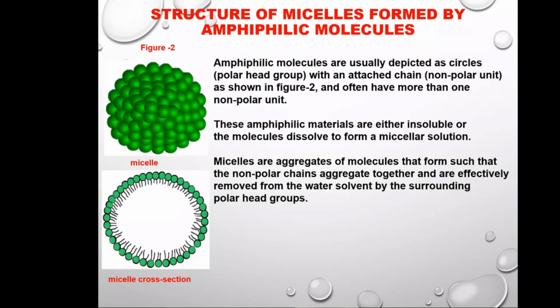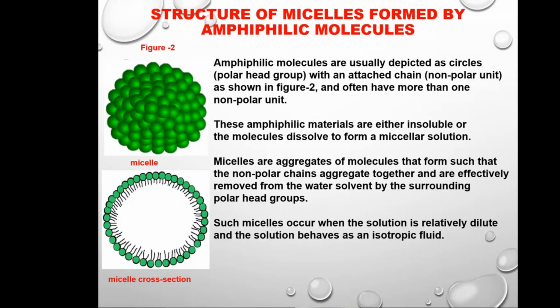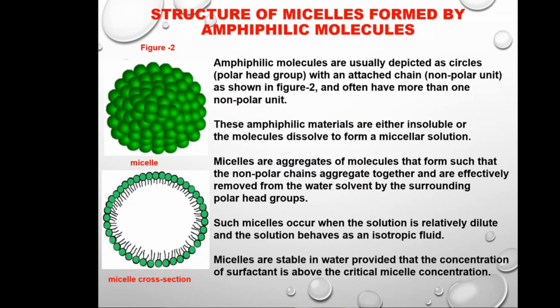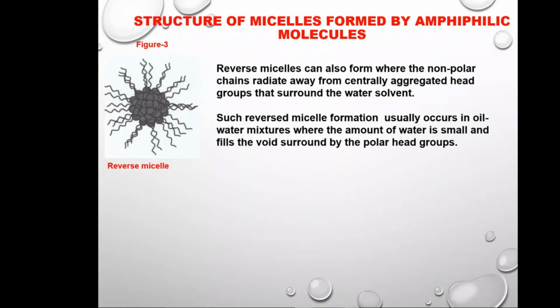The nonpolar chains aggregate together and are effectively removed from the water solvent by the surrounding polar heads. Micelles occur when the solution is relatively dilute and behaves stably in water, provided the concentration of the surfactant is above the critical concentration.